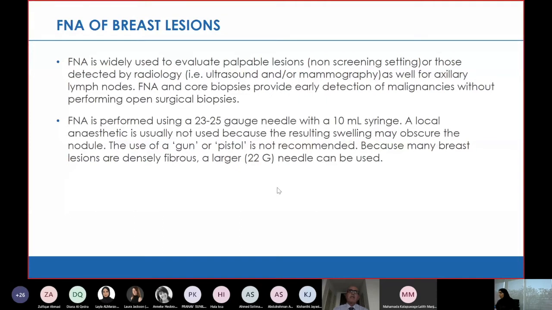Certainly, the use of the larger 20 ml syringe has been discontinued because of contamination with blood. When the lesion or the breast is particularly fibrous, of course, you need to use a larger 22G needle. Next one, please.